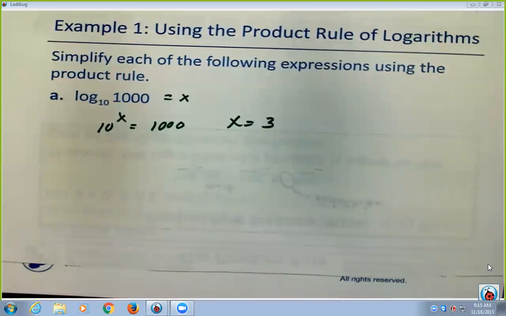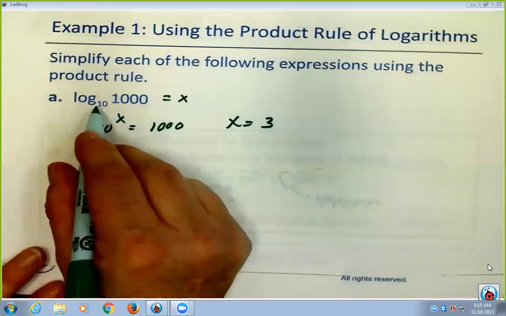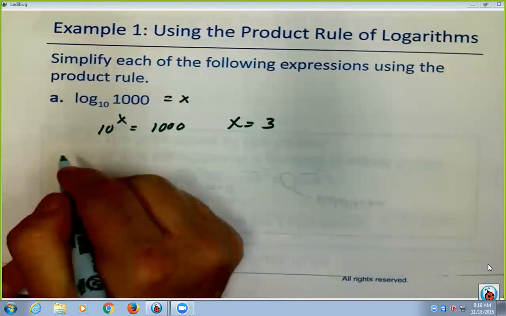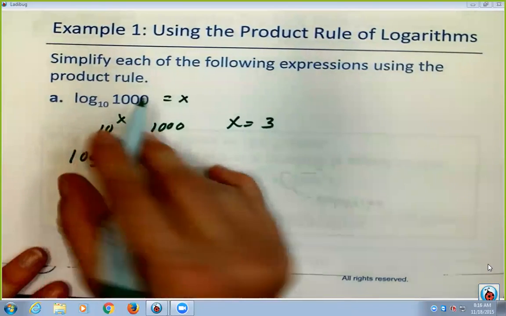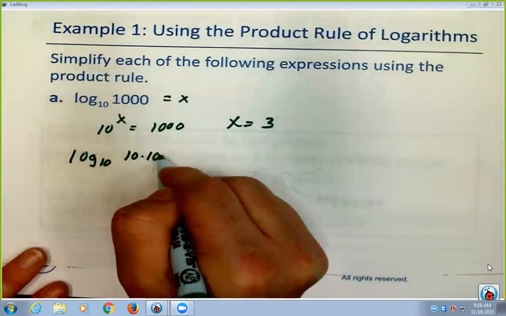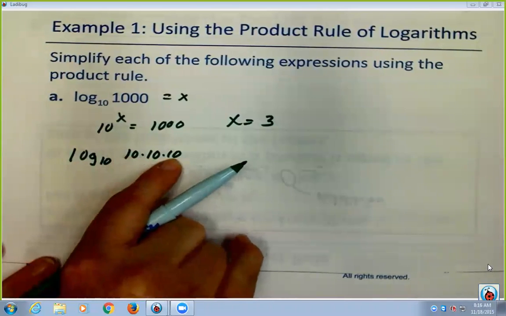So we know that it's going to be something in relationship to 3. Now in today's assignment, we're going to look at this not as exponential form, but as a log. We might take 1,000 and break it into 10 times 10 times 10.